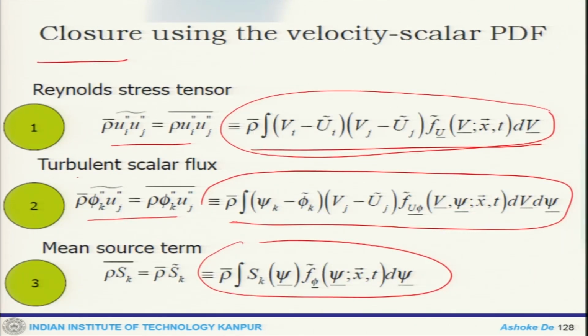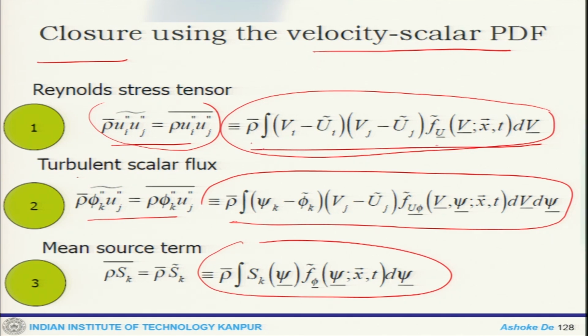Or alternatively, one can make the description slightly more accurate and close these terms using the velocity scalar PDF. So now the Reynolds stress component, instead of closing from the RANS equation, uses the information of the velocity PDF.